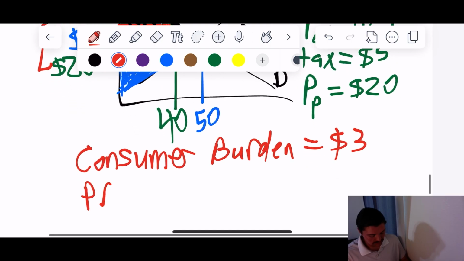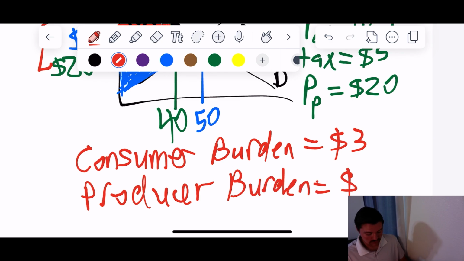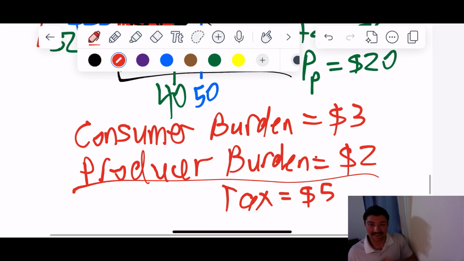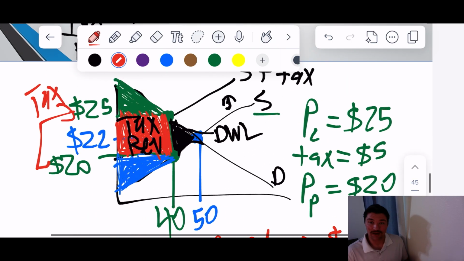They used to get $22, but now they're only getting $20, so their producer burden is $2. And if you add this together, there is your tax. So this is how tax incidence works and how we have consumer burden and producer burden. Both are losing whenever we impose a tax. Okay? And this does create deadweight loss.